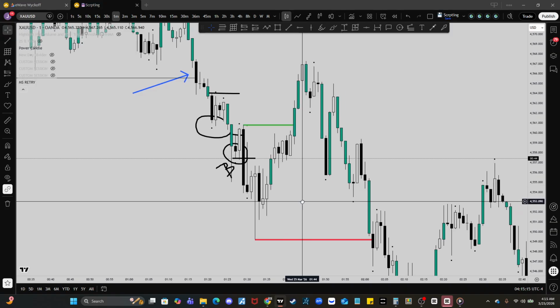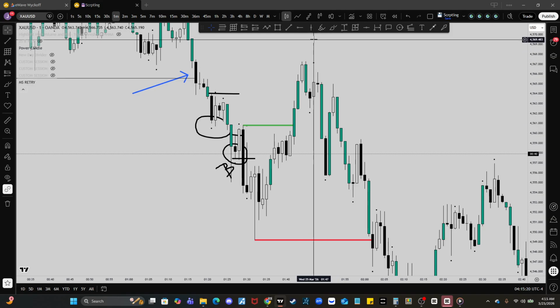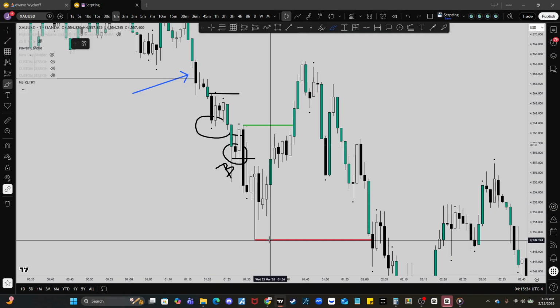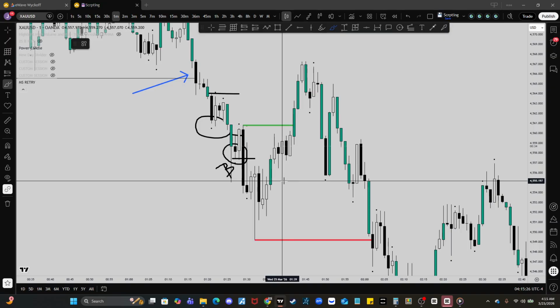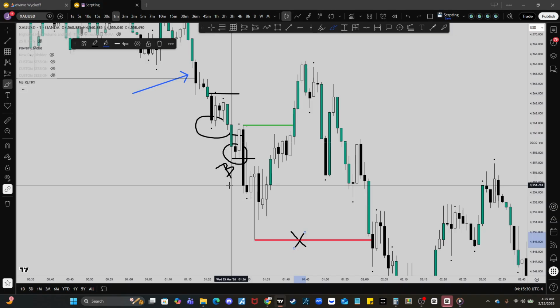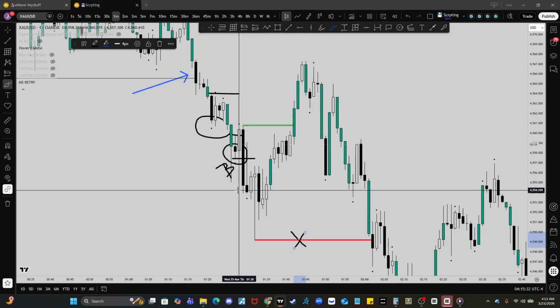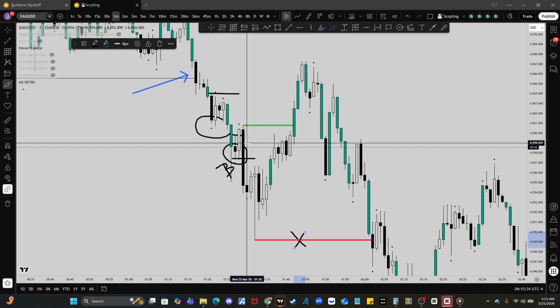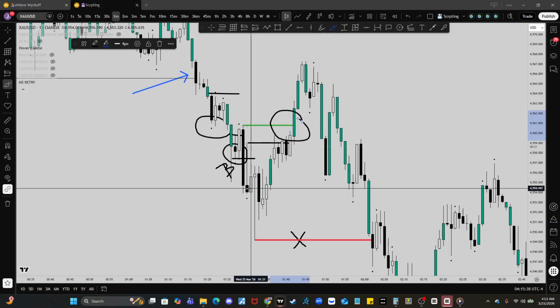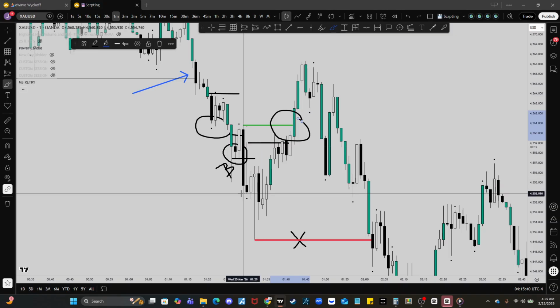And then we have this candle. So this is incorrect. The indicator that I'm using is incorrect in doing so, because technically it would be this candle here getting closed over by this candle here, and that's a break of structure there.